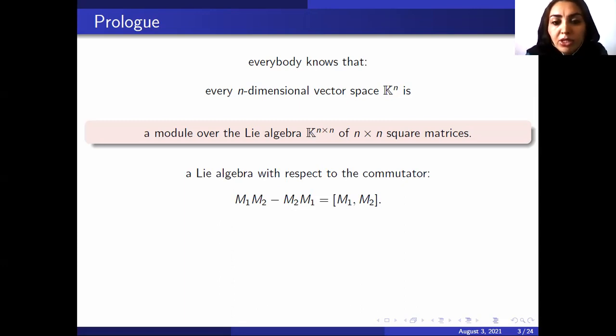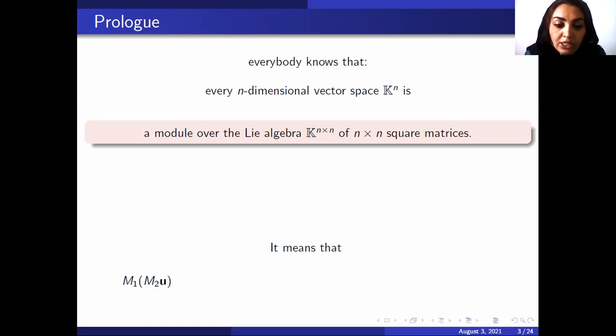And the module structure of Kn over n times n matrices has a property which is compatible with the Lie algebra structure. By this, I mean, if you take two n times n square matrices N1 and N2 and a vector u, you first multiply N2 by u, and the result you multiply by N1, and then you subtract the multiplication in the reverse order. What you get is exactly the commutator of N1, N2 applied to u, for any N1, N2 and any vector u.